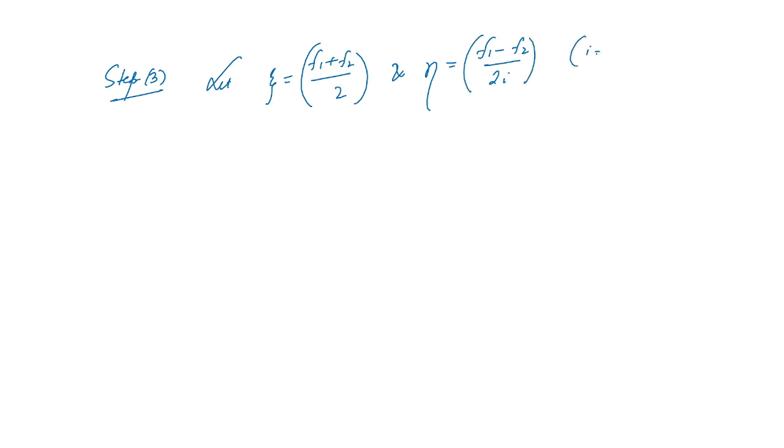So what is step 3? Let us take xi equals (f1 plus f2) by 2, and we'll consider eta equals (f1 minus f2) by 2i, where i is root under minus 1.